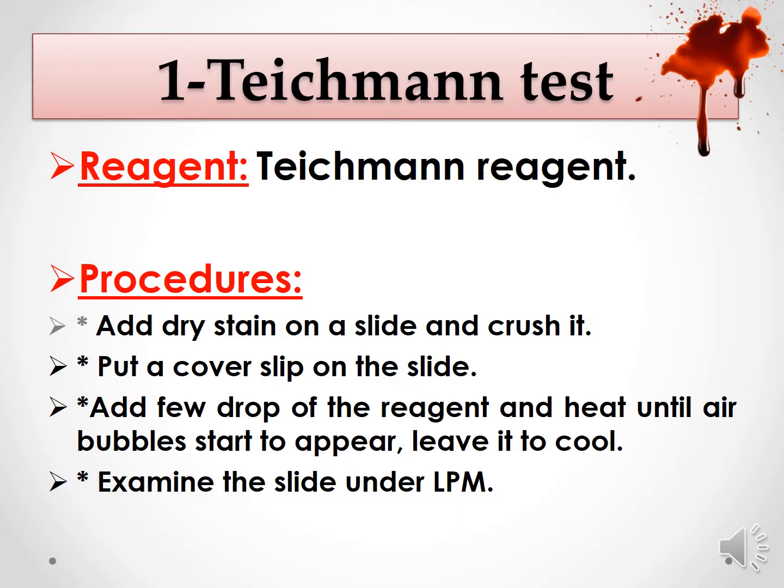Number 1, Tishman test, reagent, Tishman reagent. Procedures: add dry stain on a slide and crush it. Put a cover slip on the slide. Add a few drops of the reagent and heat until air bubbles start to appear. Leave it to cool.